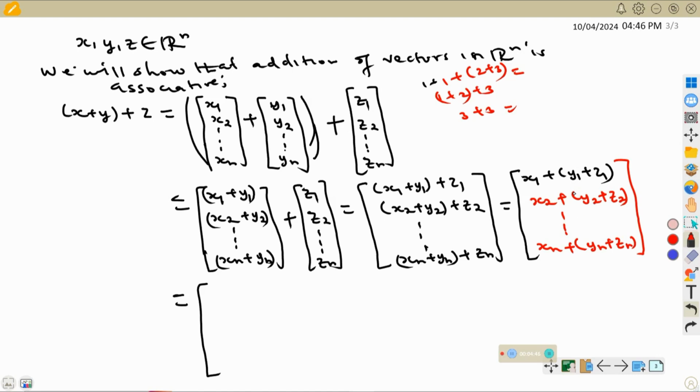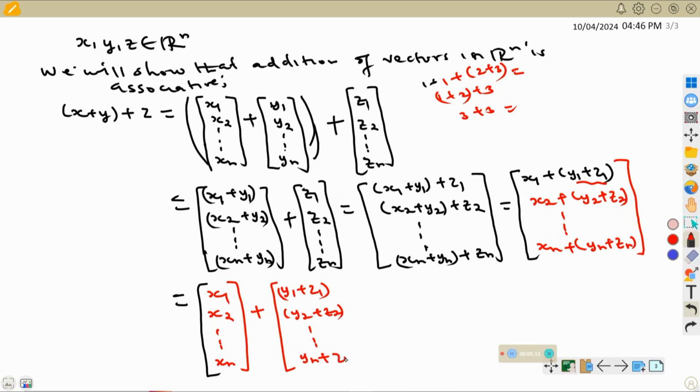So similarly, from writing this, we can still say this is the same as having x1, x2 up to xn, adding there, when I have this, I can say this is the same as having y1 plus z1, y2 plus z2 up to yn plus zn.